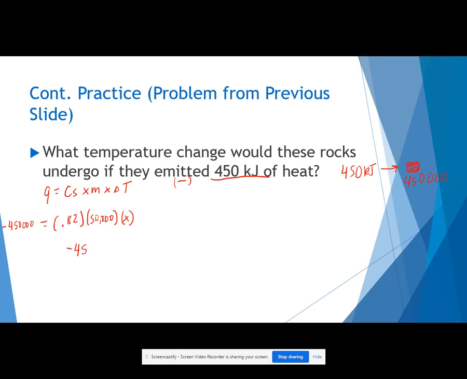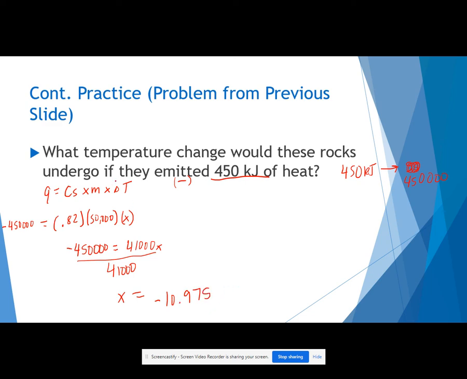You have negative 450,000 joules equals, if you take 0.82 times 50,000, that gets you 41,000 X. And then you can divide by 41,000 to get X by itself. When you take negative 450,000 divided by 41,000, you're going to notice that X equals about negative 10.975, etc. for your temperature.